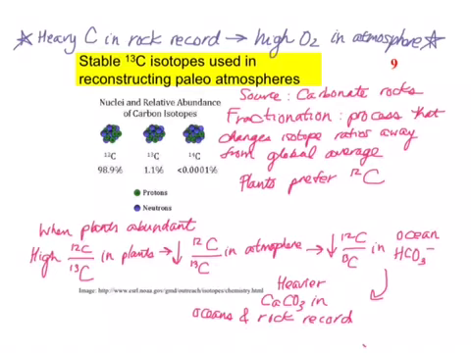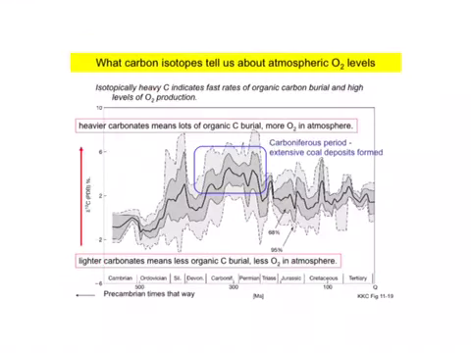And so when there are a lot of plants, they're taking up a lot of light carbon. The rest of the atmosphere becomes heavy. The oceans become heavy, and the sediment that's deposited within those oceans and incorporated into the rock record also becomes heavy. So heavy carbon in the rock record means high oxygen in the atmosphere just because there are a lot of photosynthesizing plants. Okay, that's a helpful way to think about it.